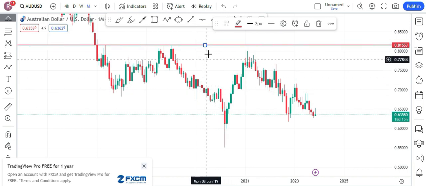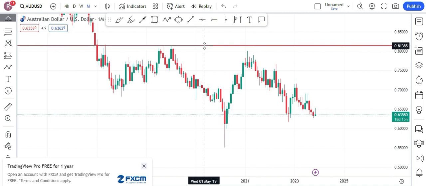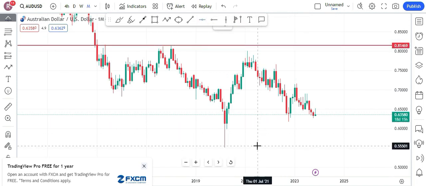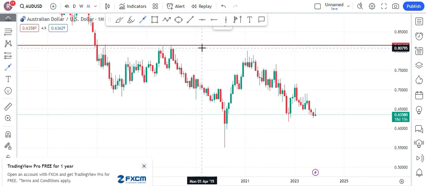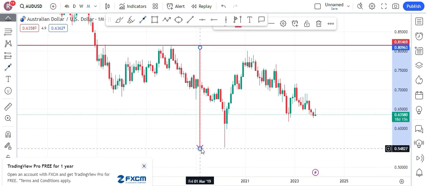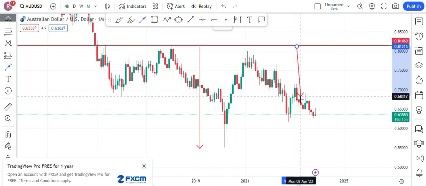And if we define the range, this should be our range from here to here. We have two options here. We can do it from here to here, or we can do it from here to here.